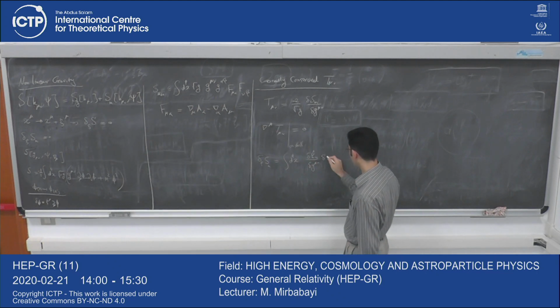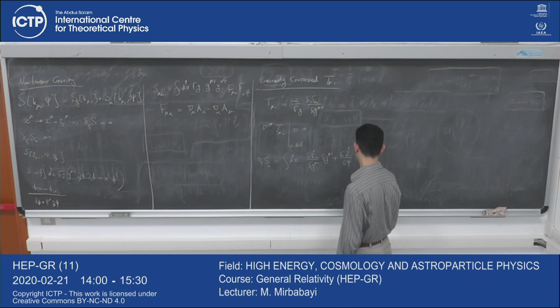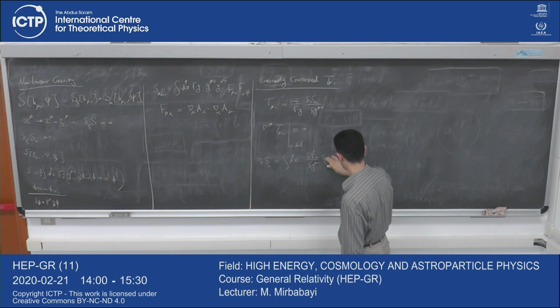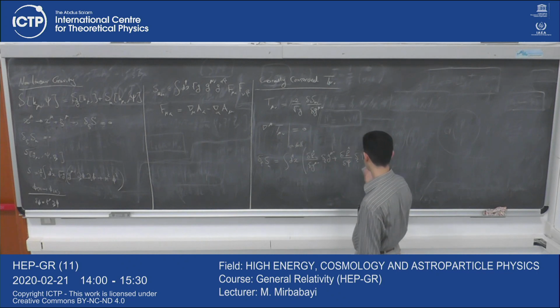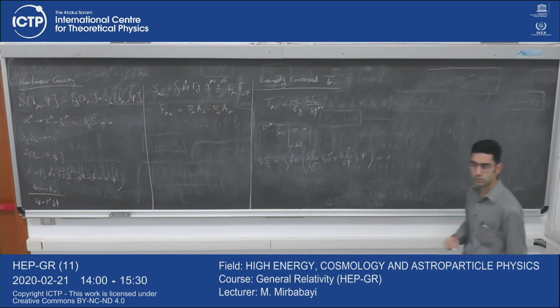So this is the L hat matter. There is delta g mu nu here, but then there will be an extra term, dL hat d psi, delta of psi. And of course this is delta under the diffeomorphism. So this is the total change which has to vanish.